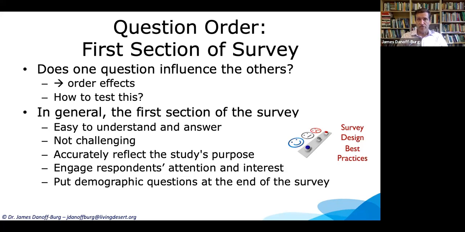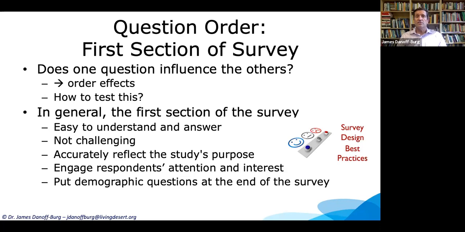That is not a survey design best practice. So try to accurately reflect the purpose of the study for your benefit as the researcher, to make certain that every question, every item is giving you something super important to answer your research question, and to be clear and open and honest with the participant.